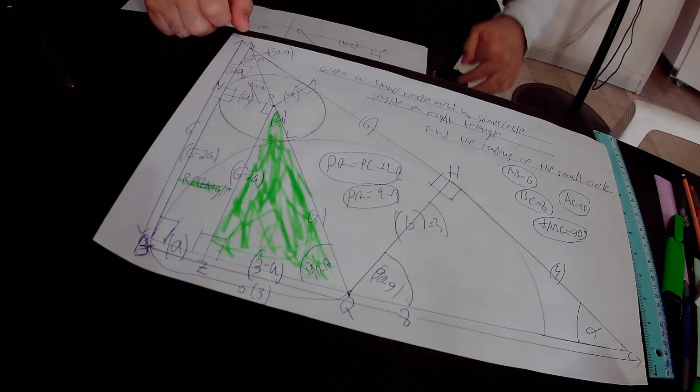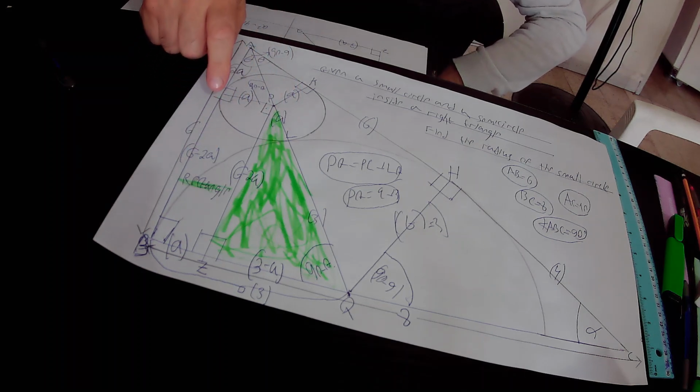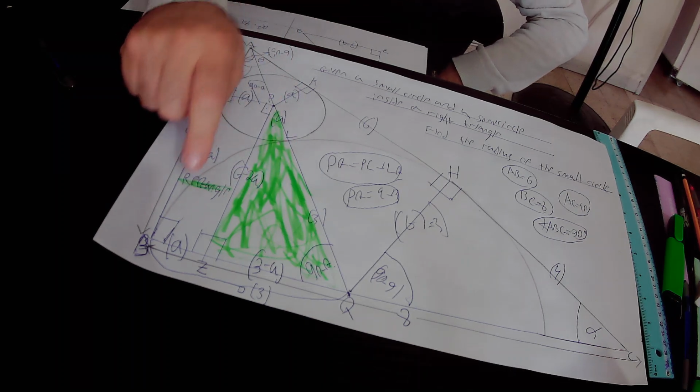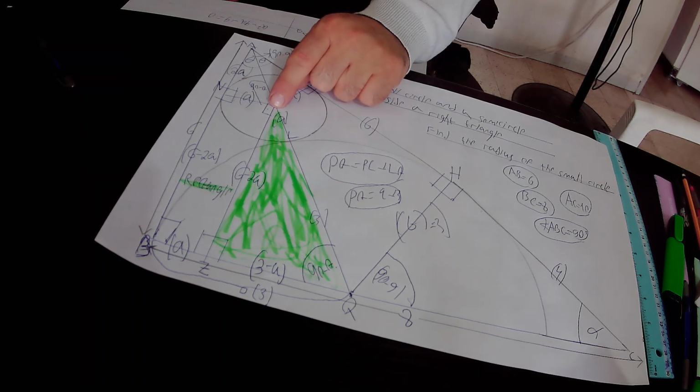By doing this construction, we get quadrilateral NPZB. Inside quadrilateral NPZB, we have 3 right angles. The sum of 3 right angles is 270 degrees. So 270 degrees plus the size of this fourth missing angle must equal 360 degrees, according to the rule that the sum of the angles in any quadrilateral is 360 degrees.